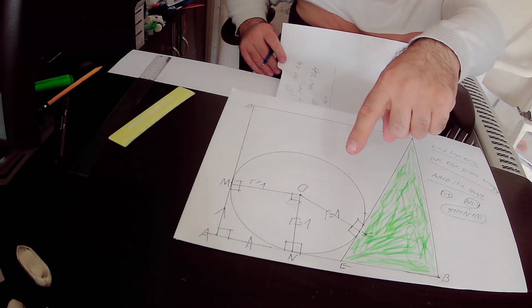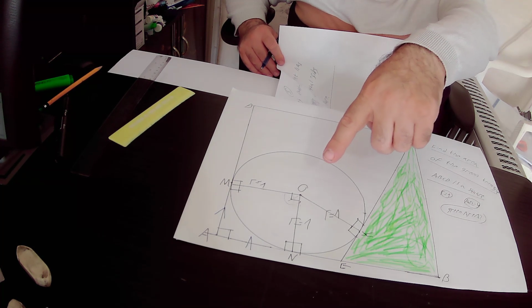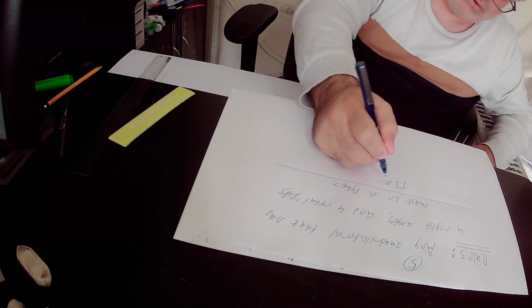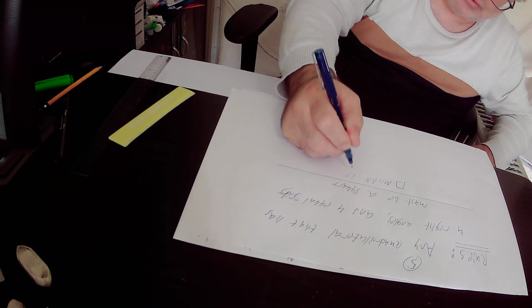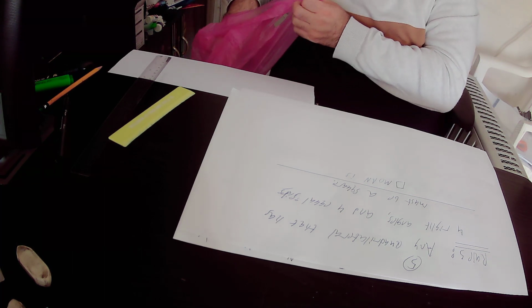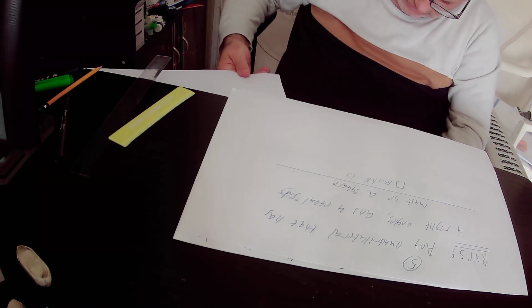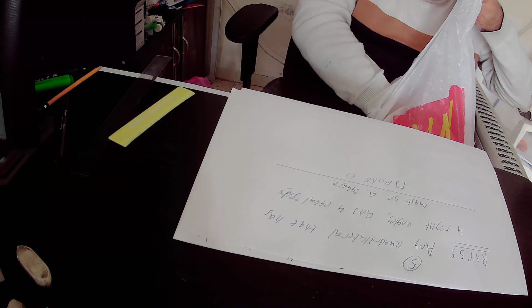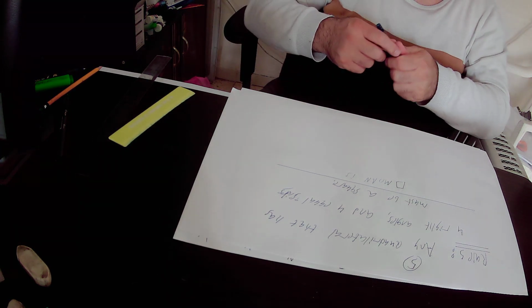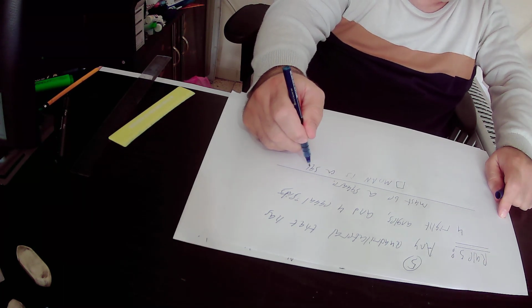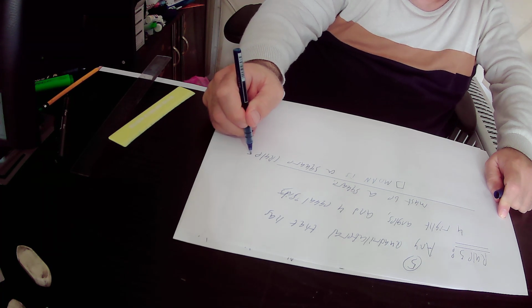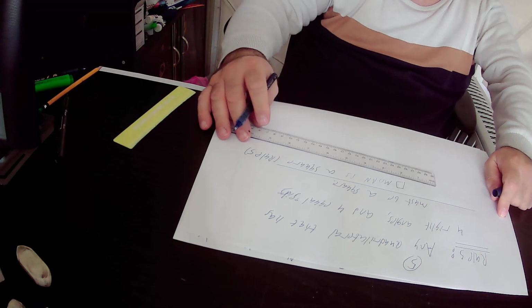Therefore, we will conclude from rule number 5 that quadrilateral MOAN is a square, because it has 4 right angles and 4 equal sides.